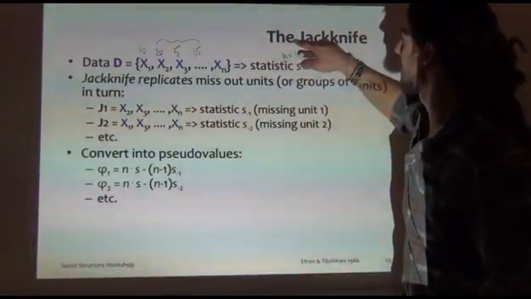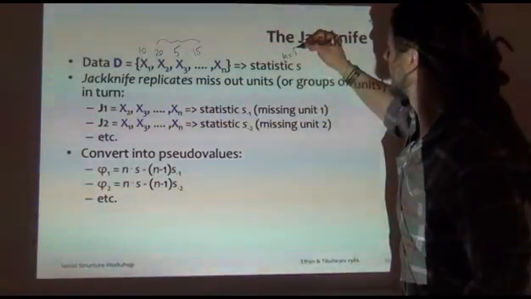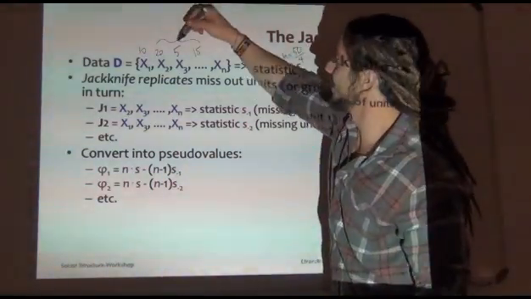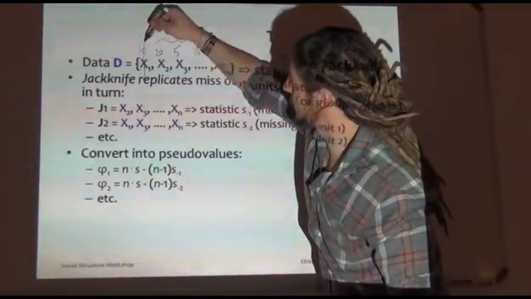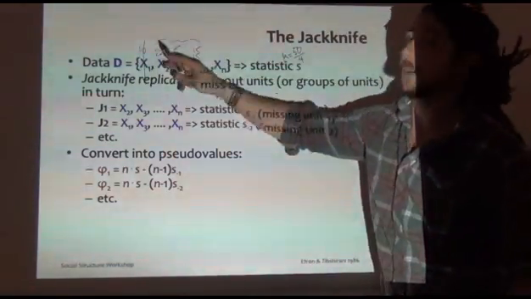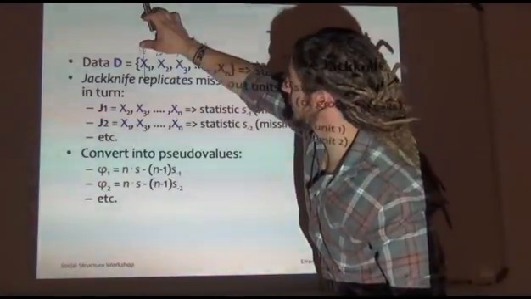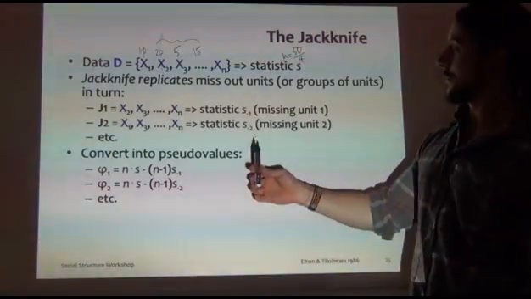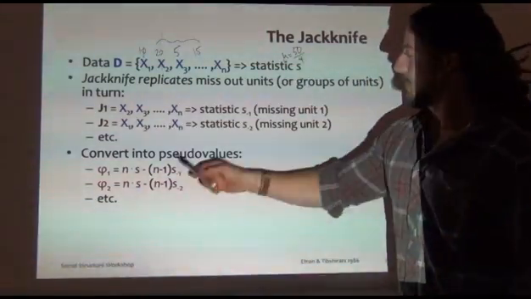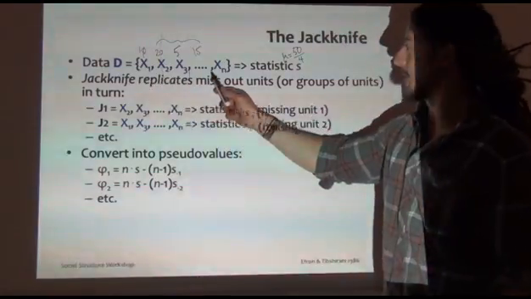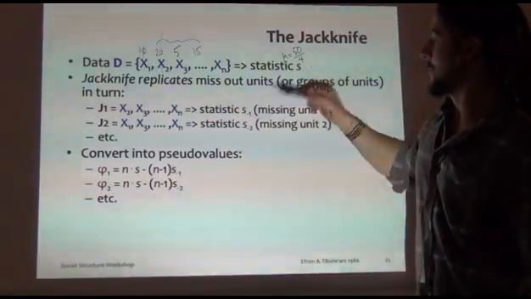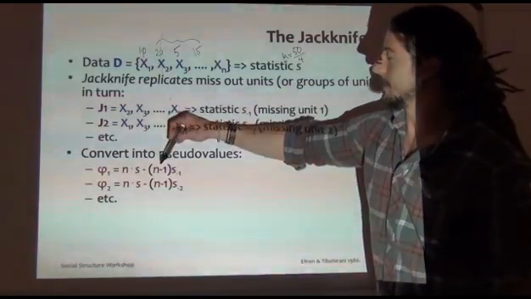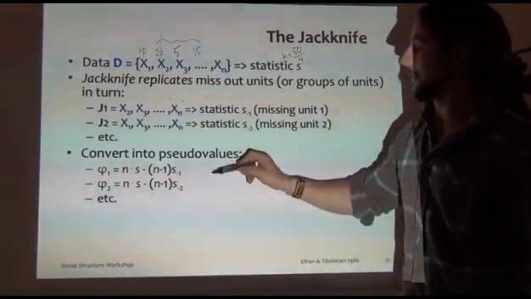It's 50. 50 divided by 4. Good. So then we toss this one out and then calculate the mean again. Then put it back and toss this one out and calculate the mean again. And then the pseudo values would be the mean plus the number of samples we have minus the mean of these replicates times the number of the values over here. Then we have a different one.